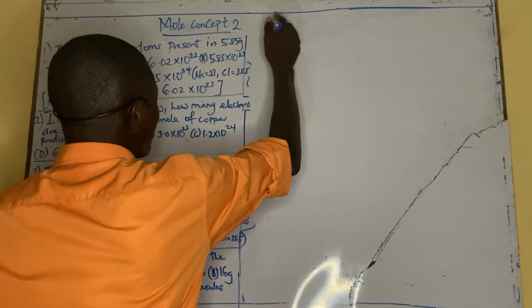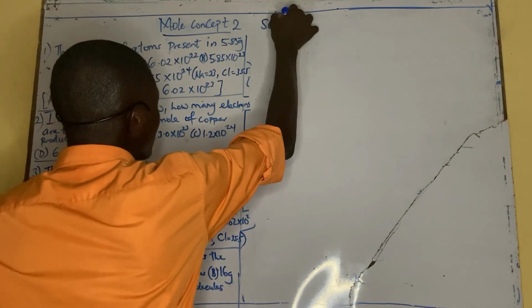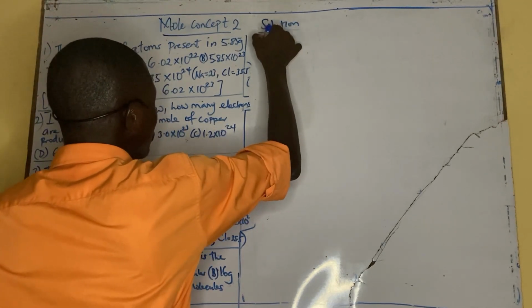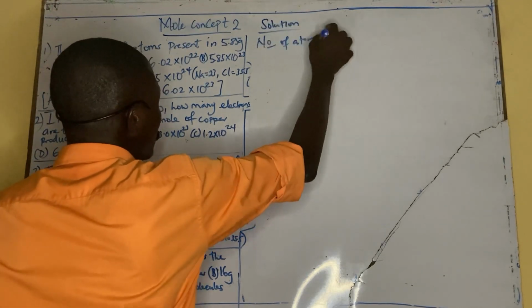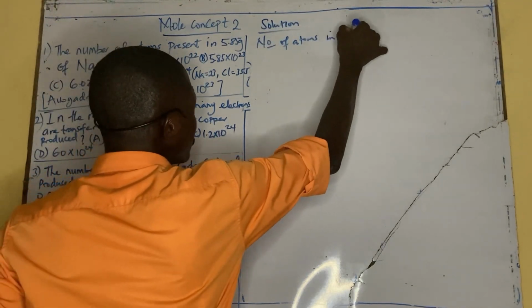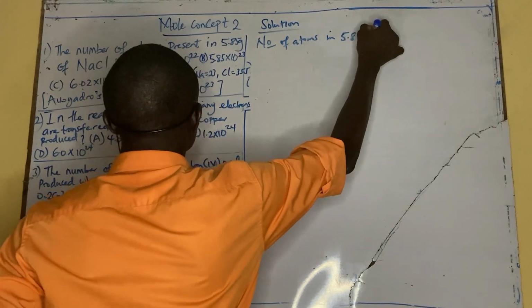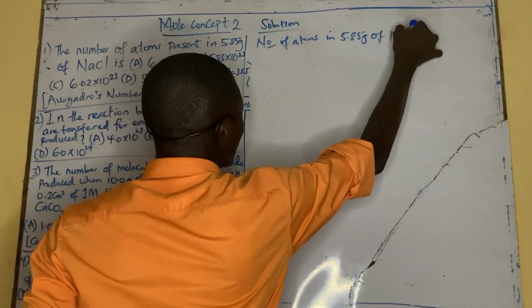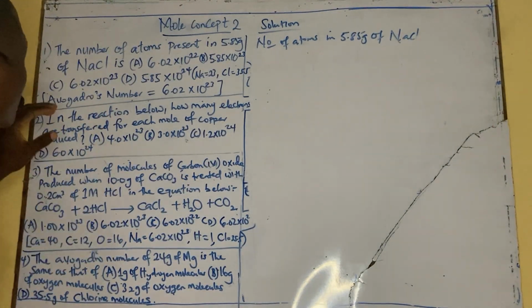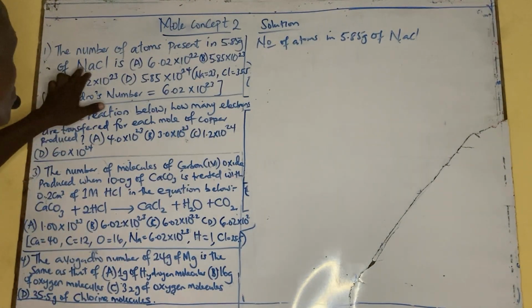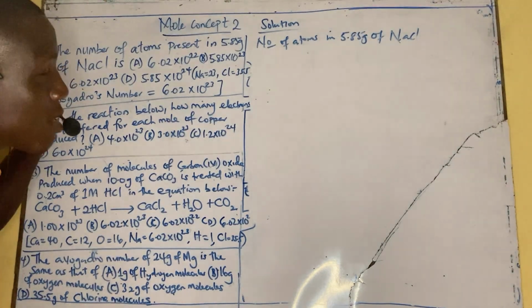Number of atoms, note that. You have to calculate the number of atoms in 5.85 grams of sodium chloride. They are looking for the number of atoms.